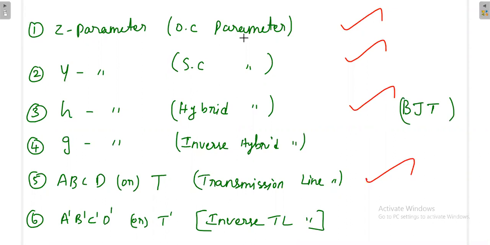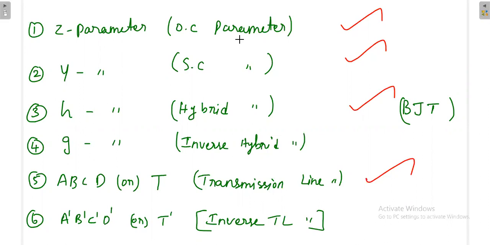Again, for an ordinary network, if the network consists of only resistance, then we'll be using Z and Y parameters. But for even a simple network, you can write all these parameters. But once it is a transformer, you can write only the ABCD parameter. You cannot write Z and Y parameters, because as I told you already, the transformer equations cannot be represented with respect to the Z parameter.